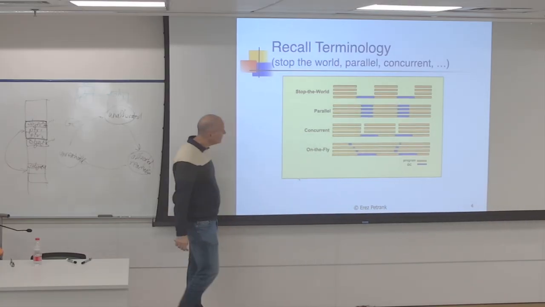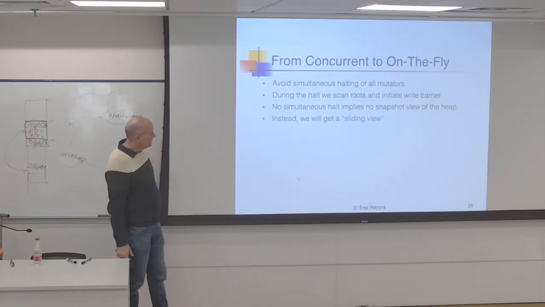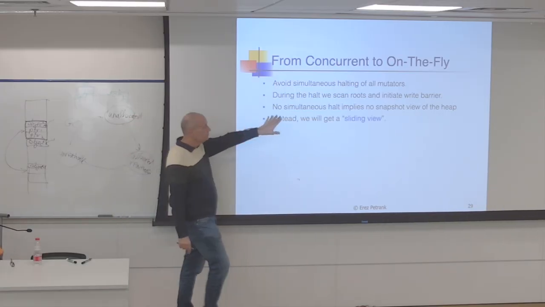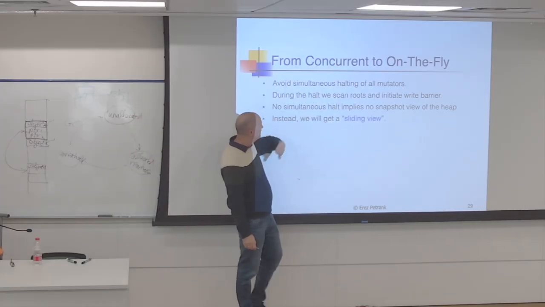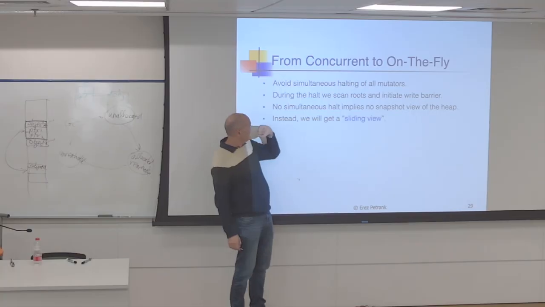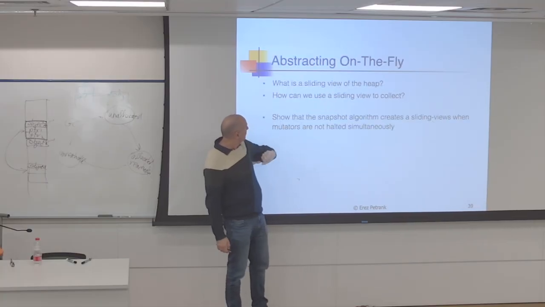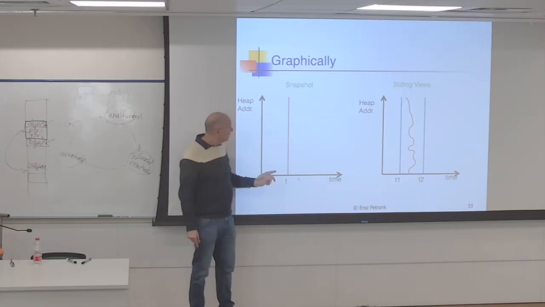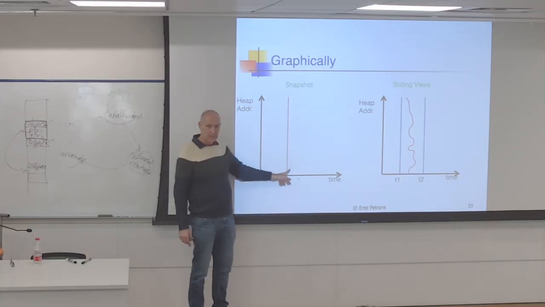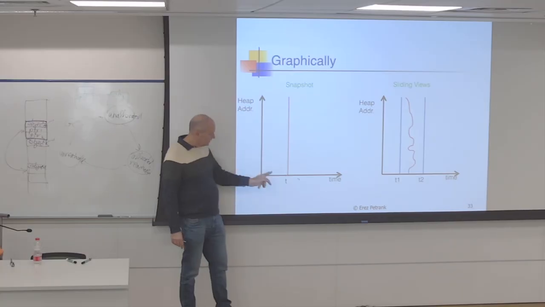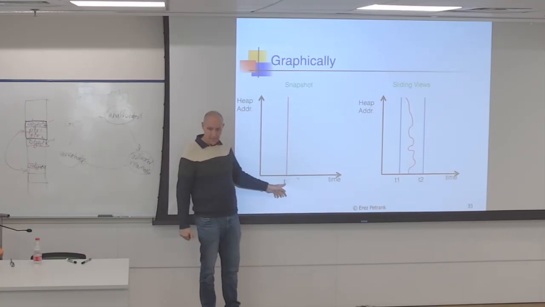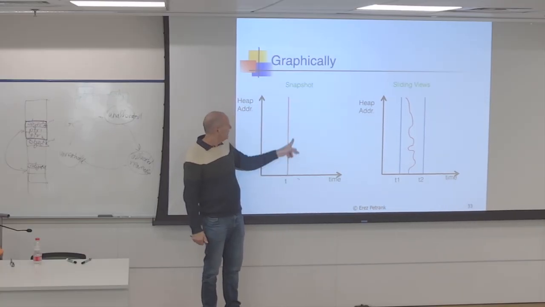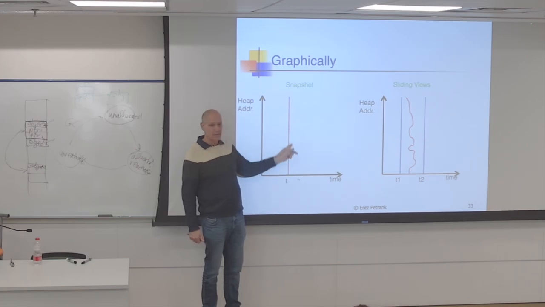So how do we do this? We want to not stop all the threads simultaneously. Okay, so let's look at the picture. When we have a snapshot, I do it in a graph like this. I want to say that at a specific time of the snapshot, everything that I read from the heap, I read at the same time.